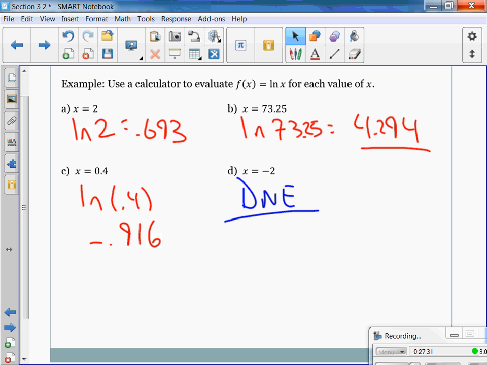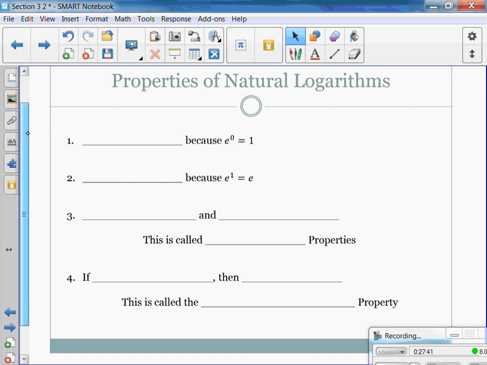So, properties of our natural logs. Just like we have properties of our logs, we have them for the natural logs as well. Nothing changes other than the way that it's noted. Natural log of 1. What does that equal? 0.